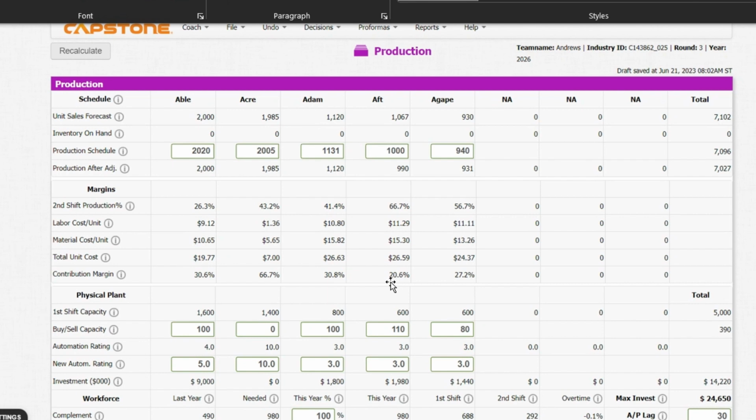But make sure in each round, going from round 3 to round 8, your contribution margin for each and every product should be more than 30%, and it's great if it's more than 35 or 36%. You'll get full score in your balanced scorecard.